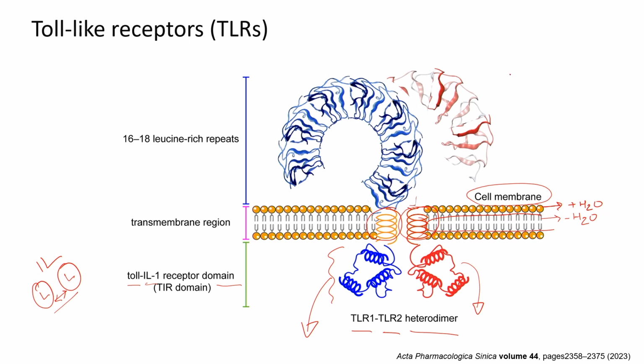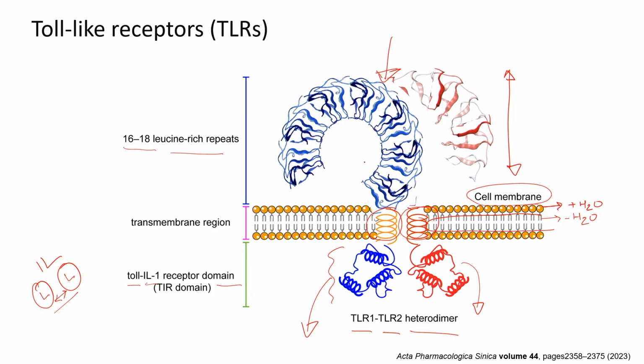And then we have this area which is exposed outside that can bind to a specific ligand in this docking area. These are the binding pockets here, and these are very rich in leucine amino acid. So these are called leucine rich repeats. They are repeats of the leucine residue. Sometimes there are 16 to 18 leucine rich repeats present here.